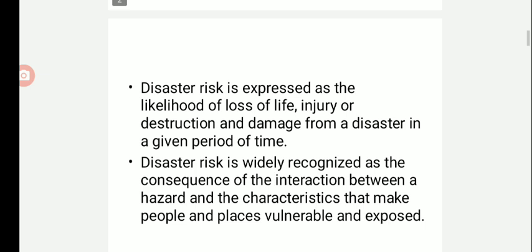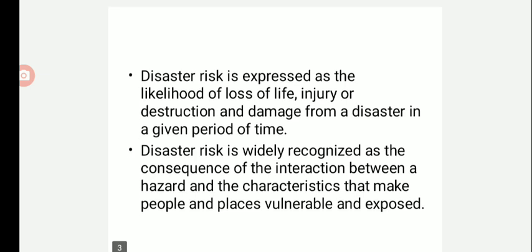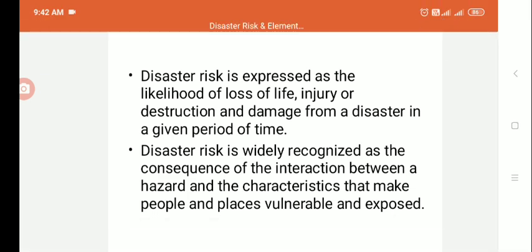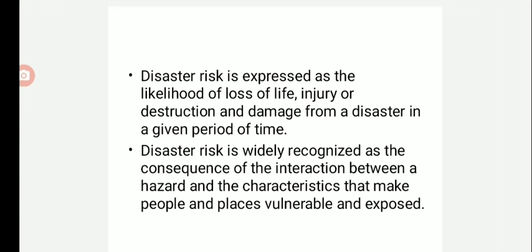Disaster risk is expressed as the likelihood of loss of life, injury or destruction and damage from the disaster in a given period of time. It is widely recognized as the consequences of interaction between a hazard and the characteristics that make people and places vulnerable and exposed.